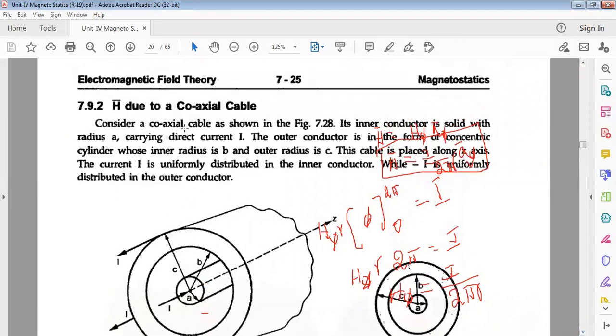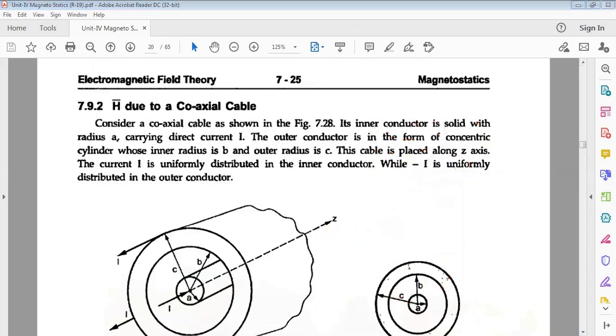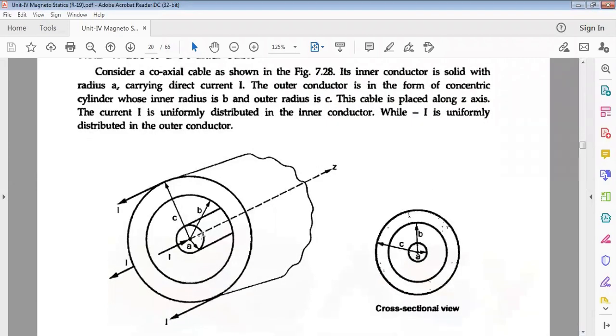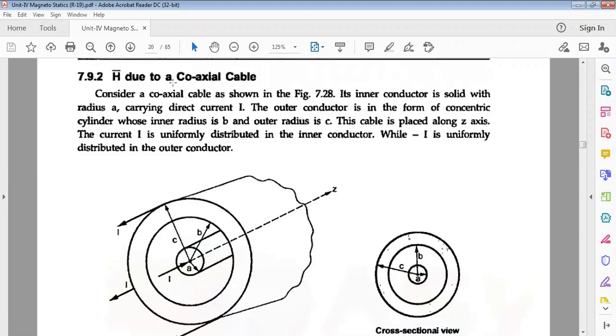And similarly, the H bar due to a coaxial cable. Inside there is one circle with radius a, another circle with radius b, and the outermost circle with radius c.